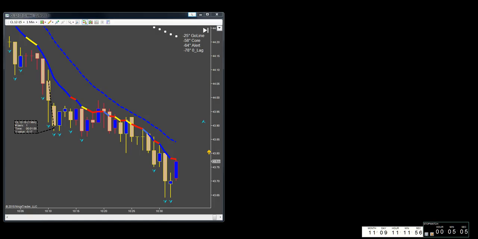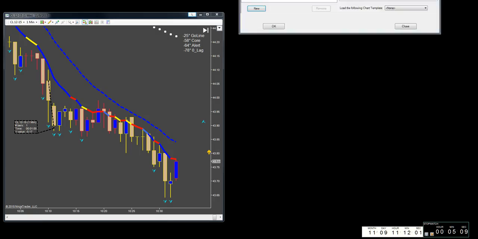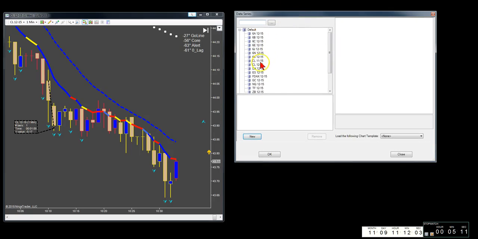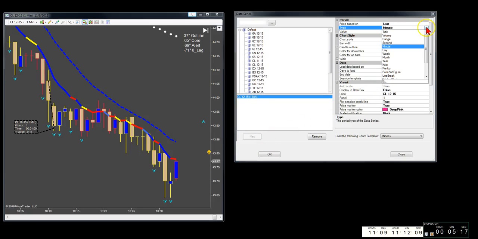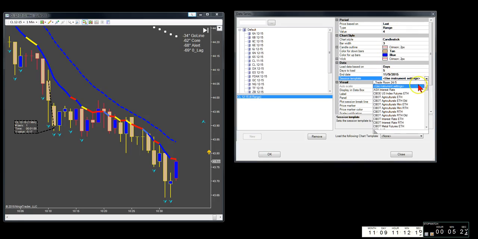You just go File, New, Chart, CL, there. Change that to a bar range. 4 is my default. Again, 5 days, 24/7.